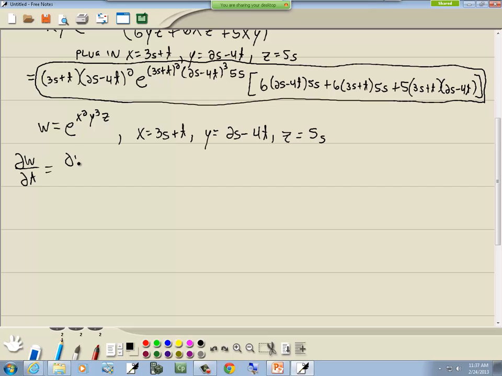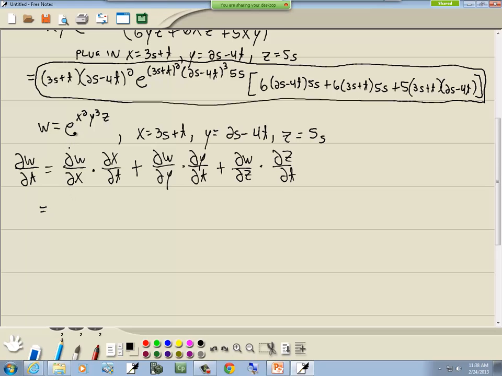Well, that's going to be the partial of w with respect to our first variable, which is x, times the partial of x with respect to t, plus the partial of w with respect to our second variable, which is y, times the partial of y with respect to t, plus the partial of w with respect to our third variable, which is z, times the partial of z with respect to t.